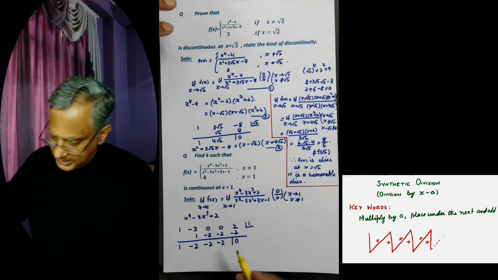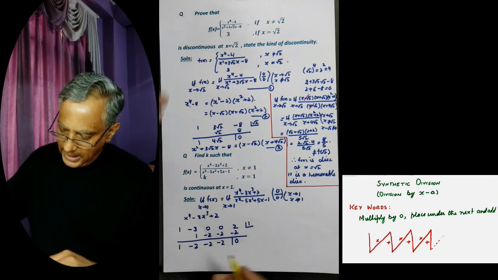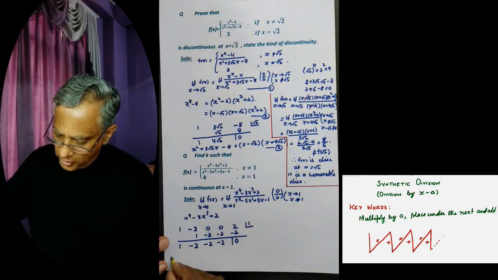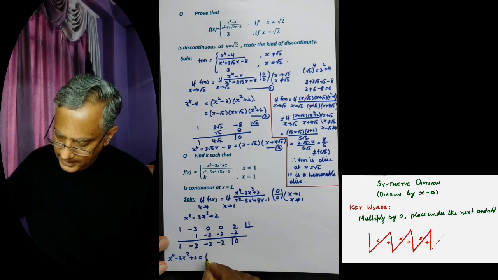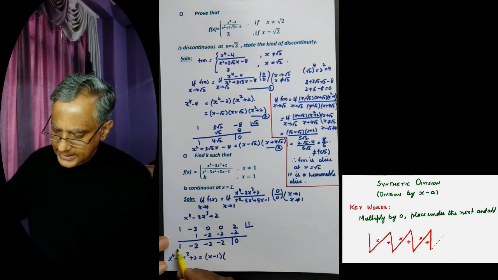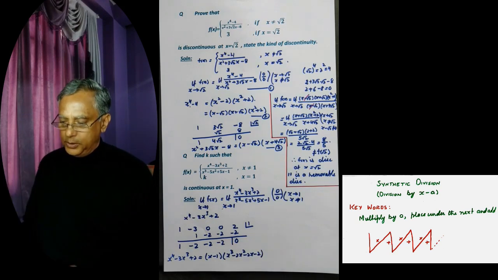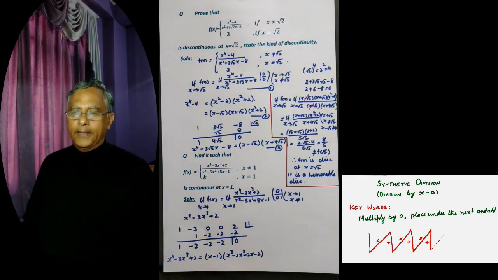So this is confirmed that x minus 1 is a factor. And the factors of this polynomial x^4 minus 3x^3 plus 2 are x minus 1 into, this is constant, x^2, x^3, so this is x^3 minus 2x^2 minus 2x minus 2.